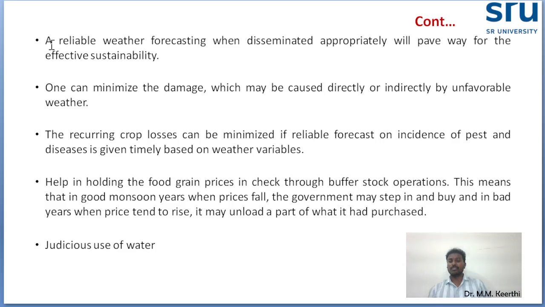Based on the forecast, you can decide when to sell, how to sell, and where to sell. Due to this, we also minimize irrigation, so we use the water judiciously. These are only some of the basic advantages and importance of weather forecasting, particularly in the agriculture sector.